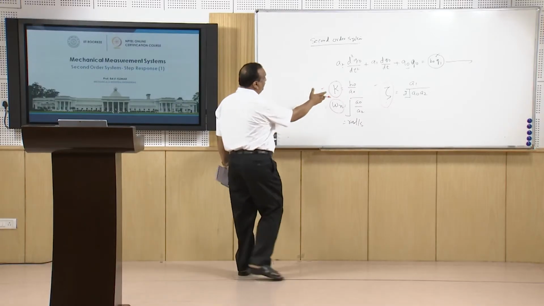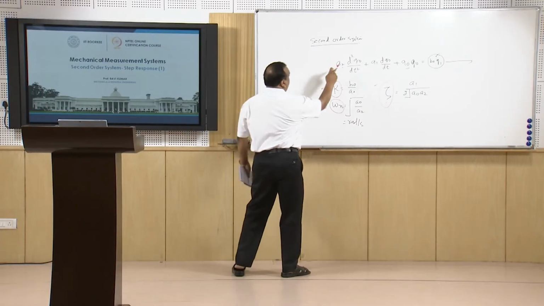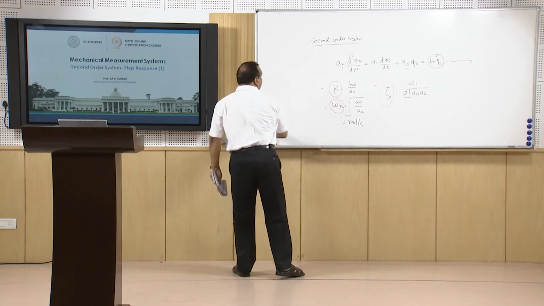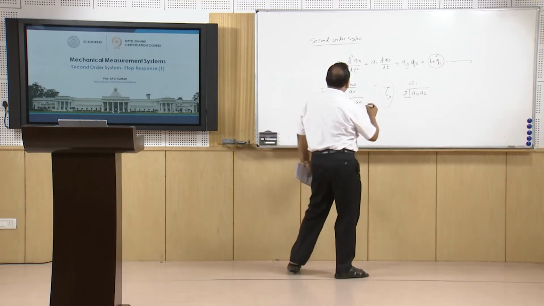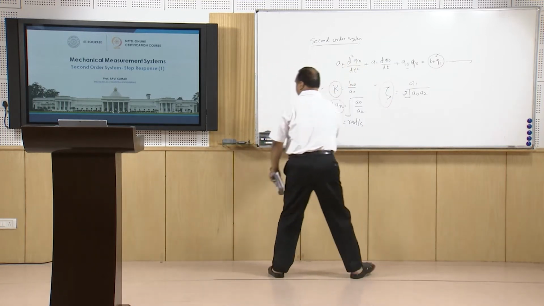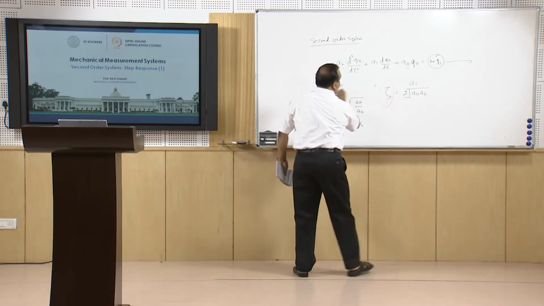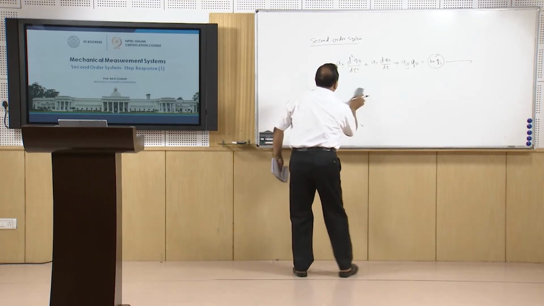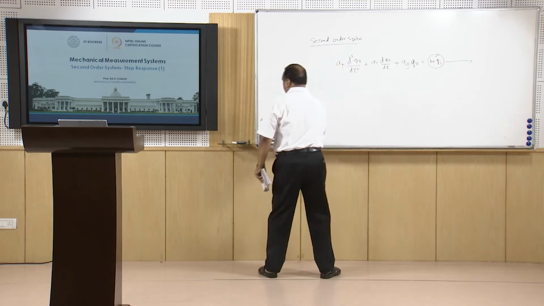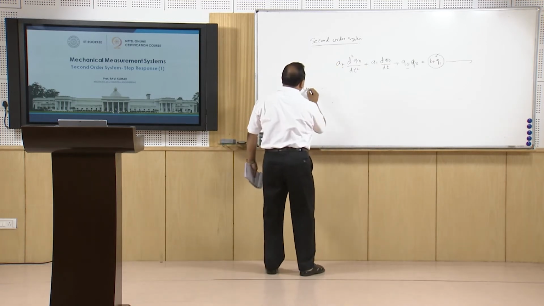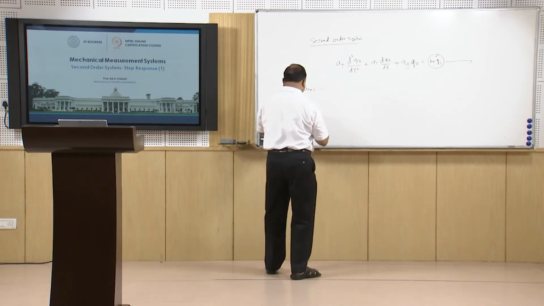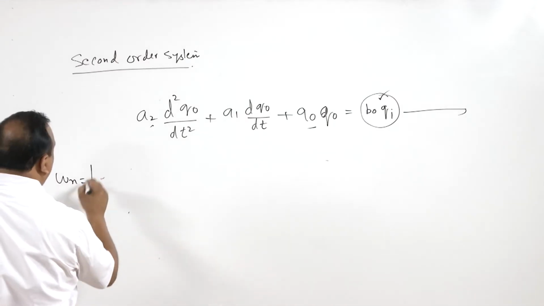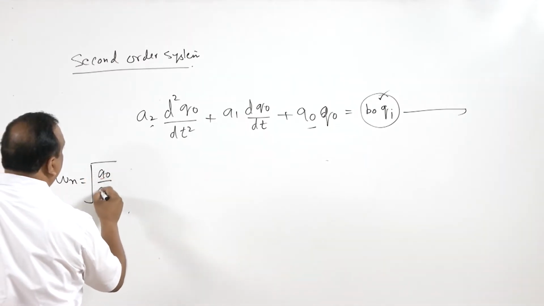So now we will replace and put these quantities here, and see the expression we are going to get. Omega n is equal to under root AO by A2.